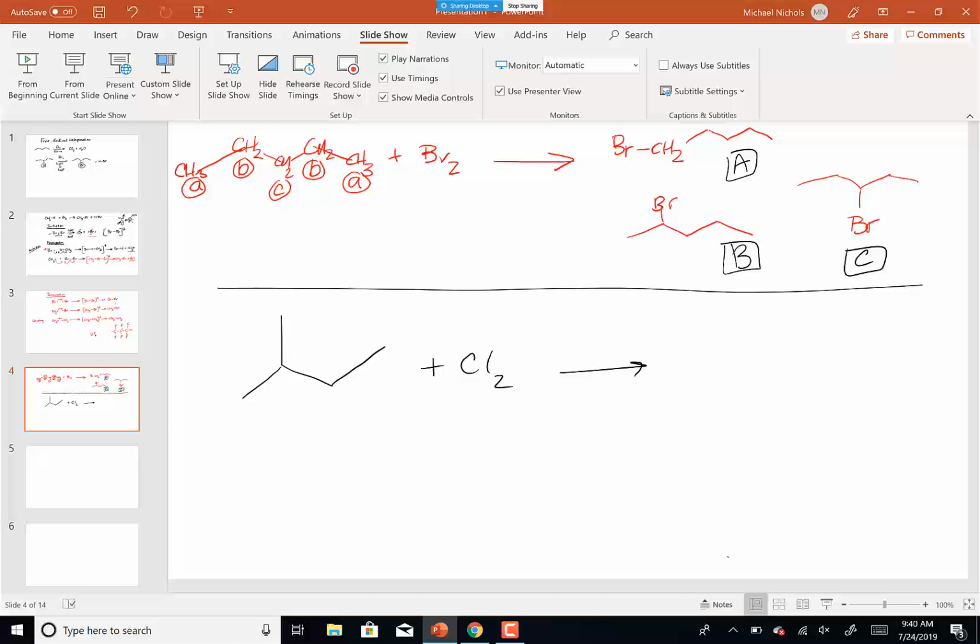You always want to make sure that I can clearly see the bond between the carbon and the halogen.